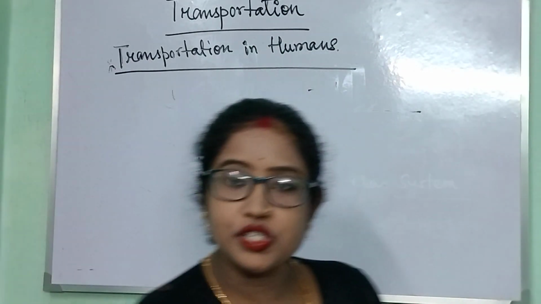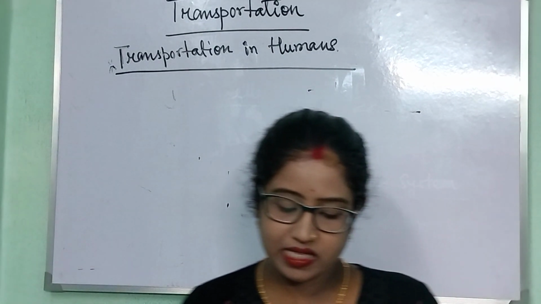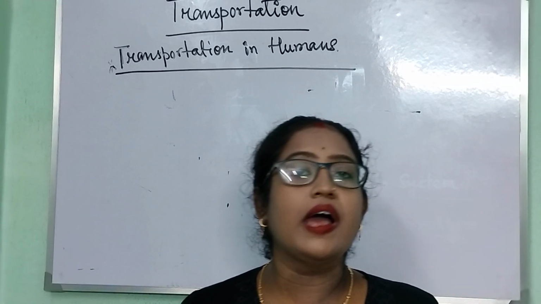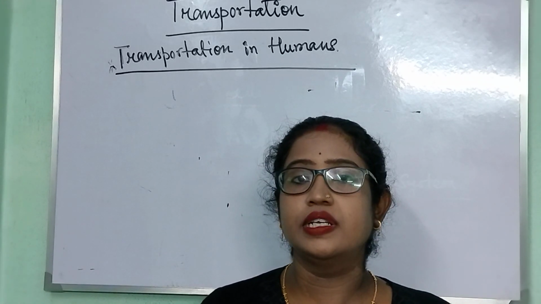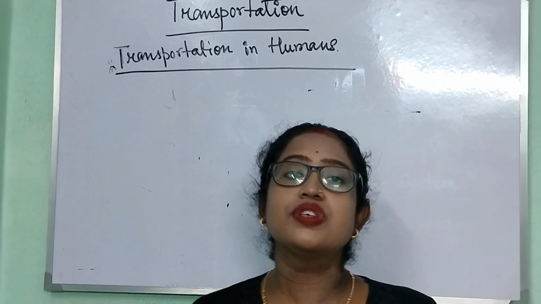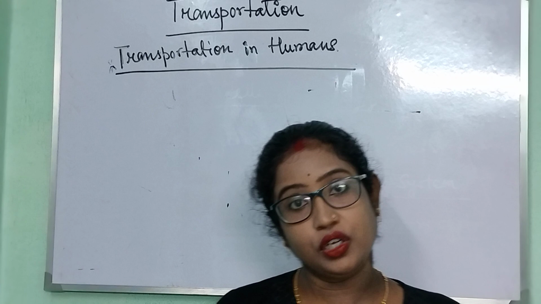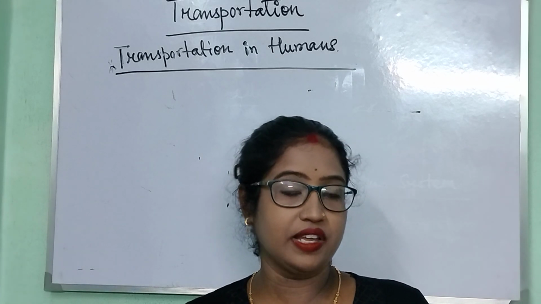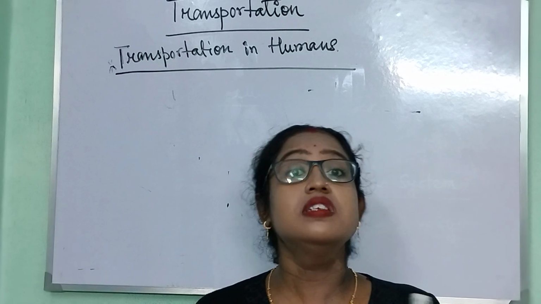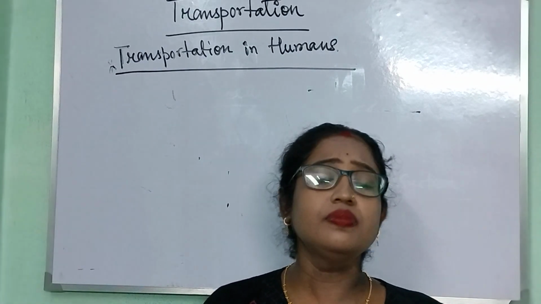For proper functioning of each and every cell in the human body, cells require water, oxygen, essential nutrients, food, etc. from the outer environment for proper functioning and for the cell structure also.